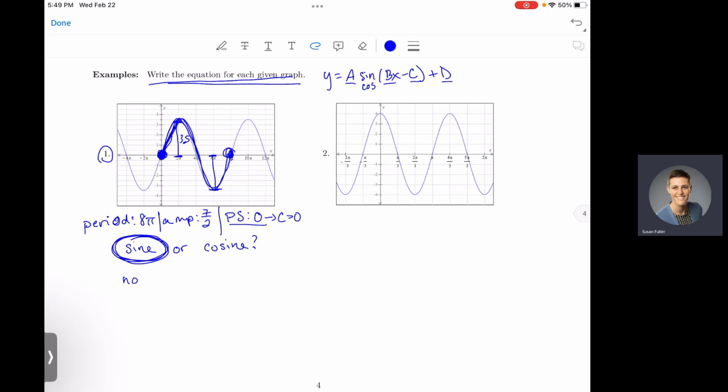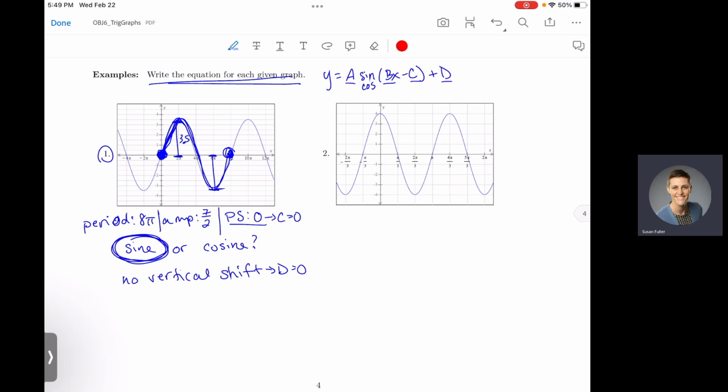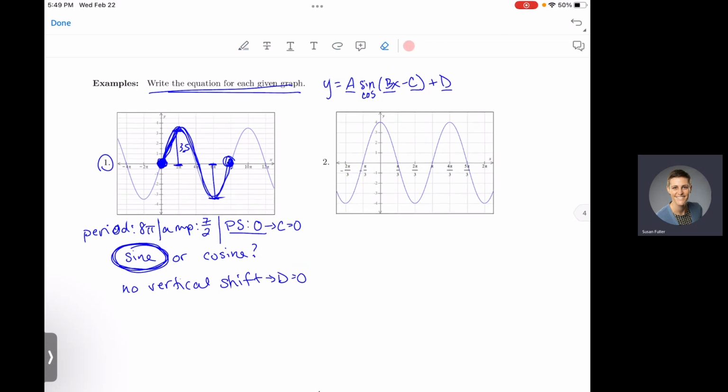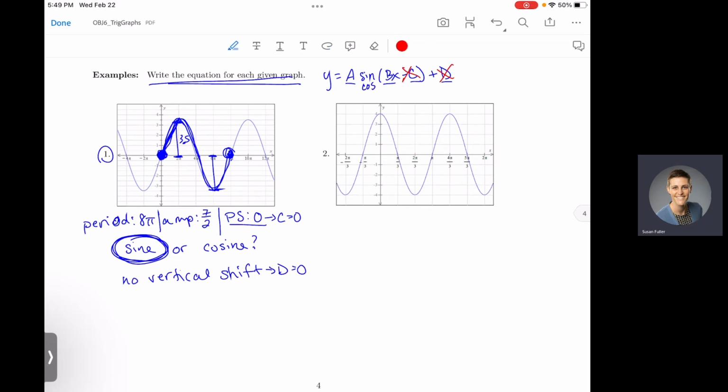And there's no vertical shifting, so that tells me that D is 0. So I already know that my function here is not going to have a C or a D. So I really just have to figure out the values of A and B.